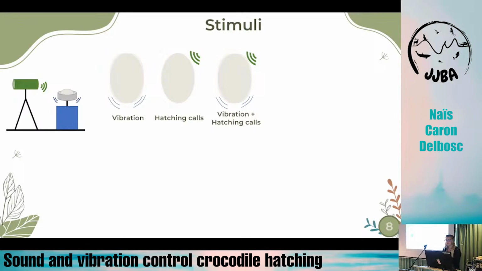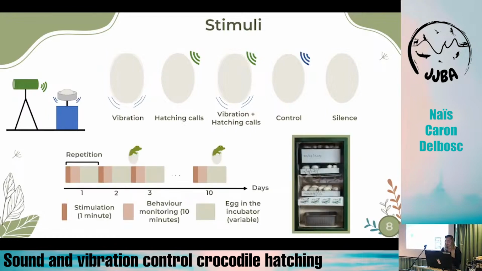But as the vibratory device also emits a sound when transmitting the vibration, we also had a control condition where we played back only the sound produced by the vibratory device. And we have a last condition, the silence condition, where the embryos were just transported to the experiment room exactly in the same way as the others, but we played back nothing.